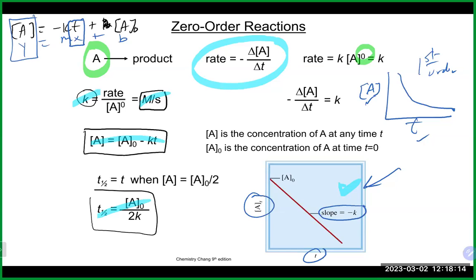So they are the same in this sense, except that there will be changes in concentration, changes in time. It just means that the rate will equal the rate constant. So they'll be basically the same for a zero order. In a first order, it will be a little bit different. They won't equal each other. There'll be some differences there.